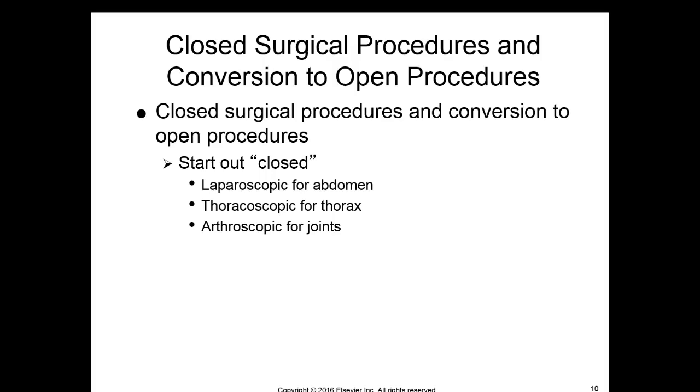The one you may be most familiar with is a cholecystectomy. Lots of laparoscopic cholecystectomies are performed, and this means that they use special equipment with cameras that allows them to visualize the inside of the abdomen.